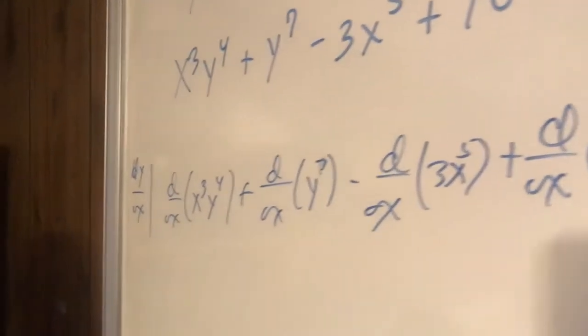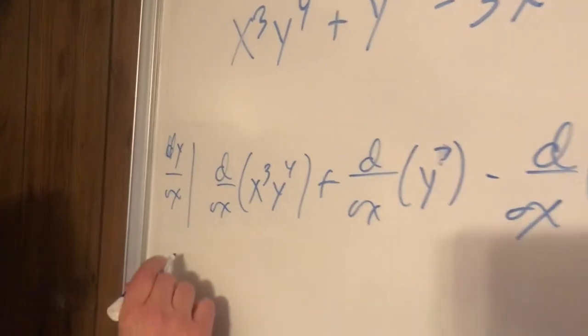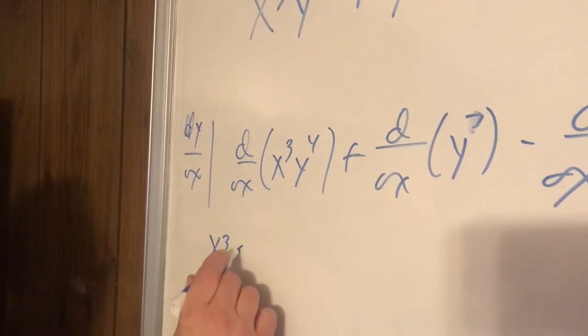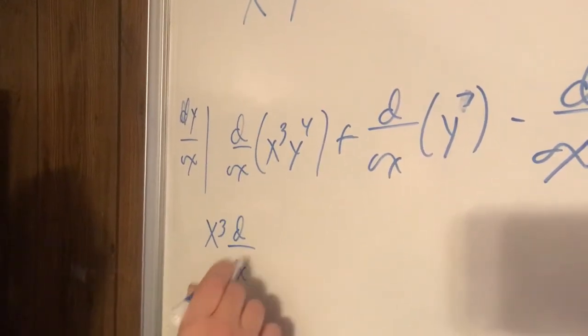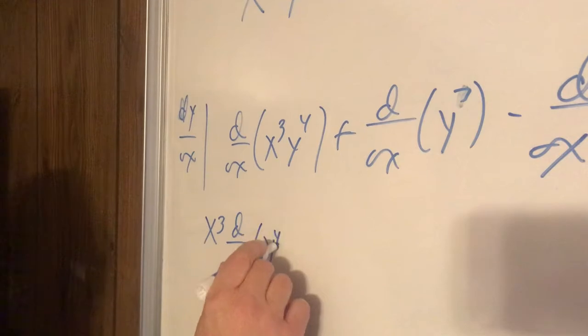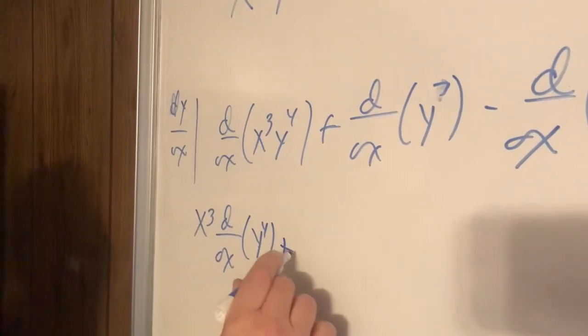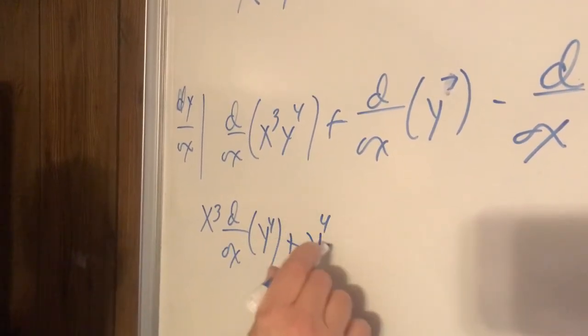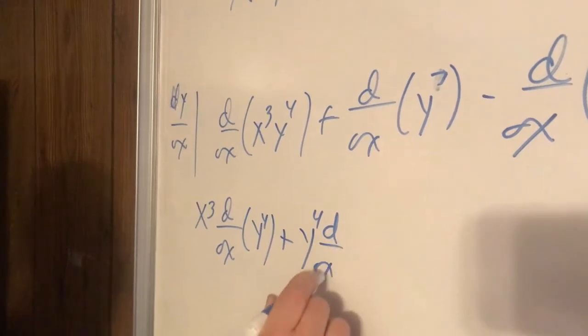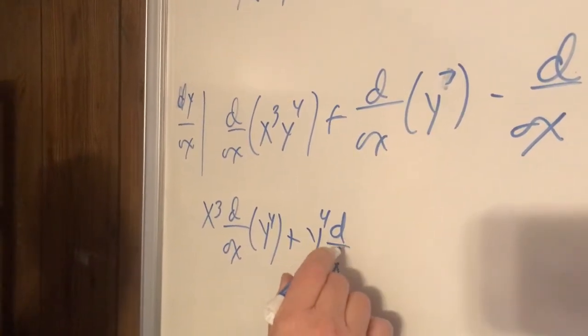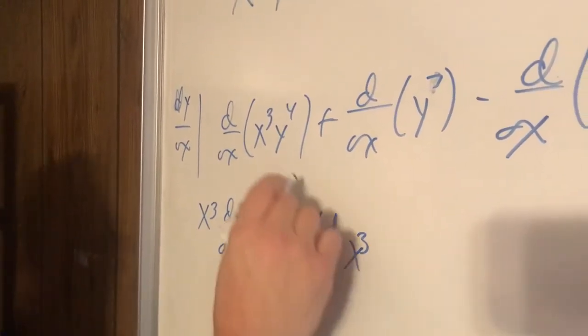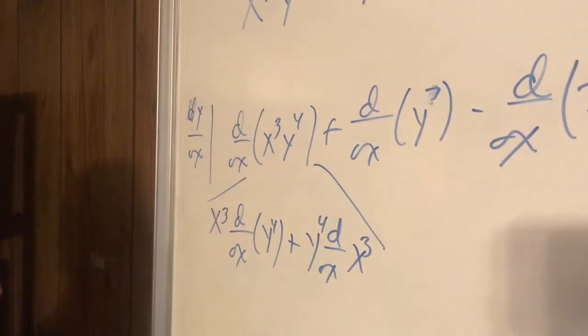All right, so once again, there's a product rule. X third, do a derivative with respect to x of y to the fourth plus y to the fourth, derivative with respect to x of x third. That takes care of this.